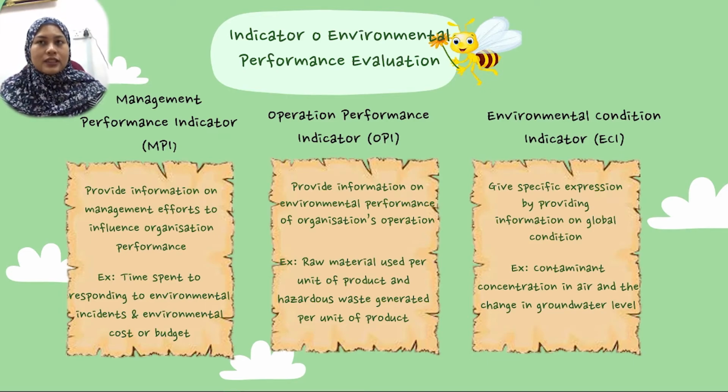The third is ECI, Environmental Condition Indicator. ECI gives you a specific expression by providing information on global condition. Examples for ECI are contaminant concentration in air and also the changes in groundwater level.